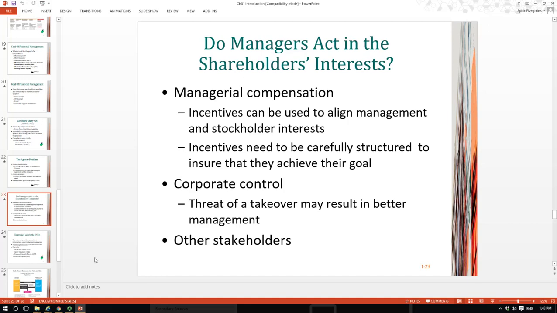So there are many mechanisms that exist to help align the interests of managers with shareholders. And the most effective one would be the managerial compensation package.